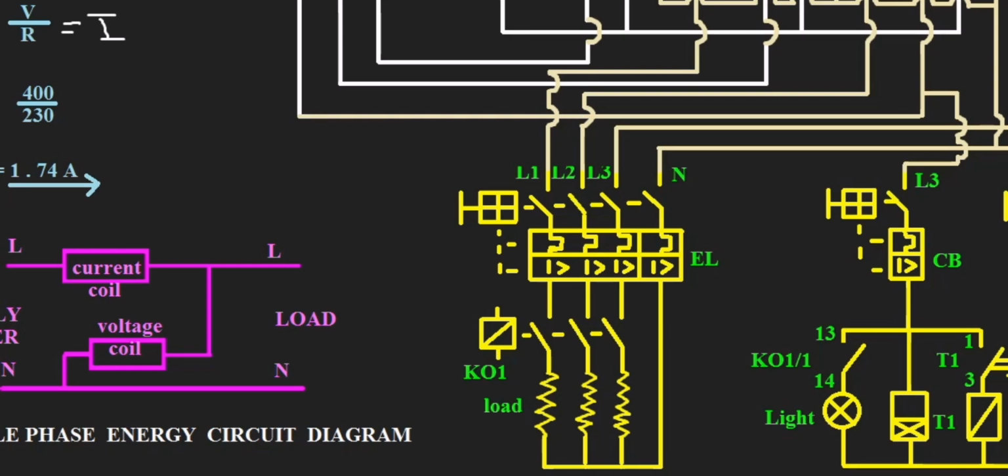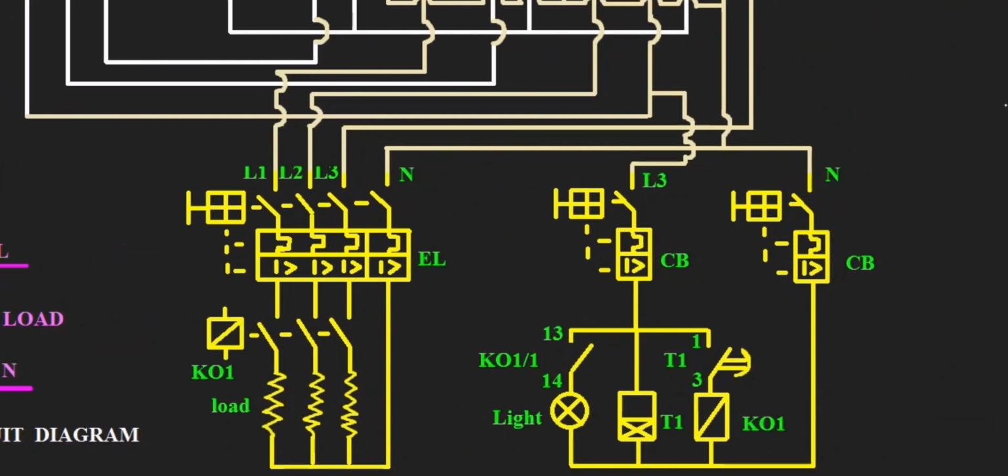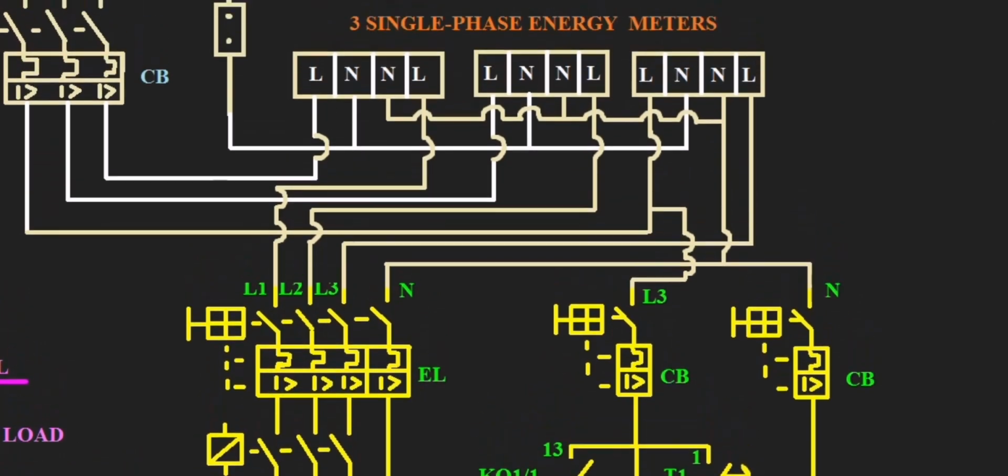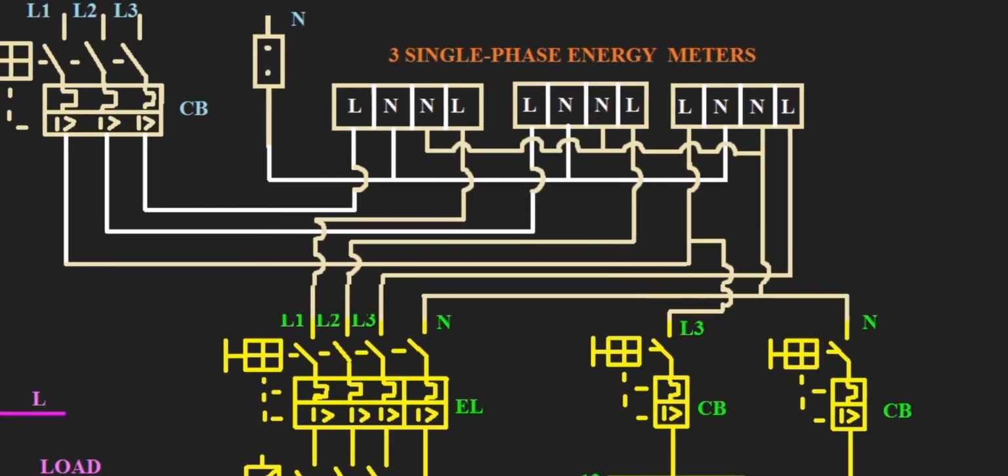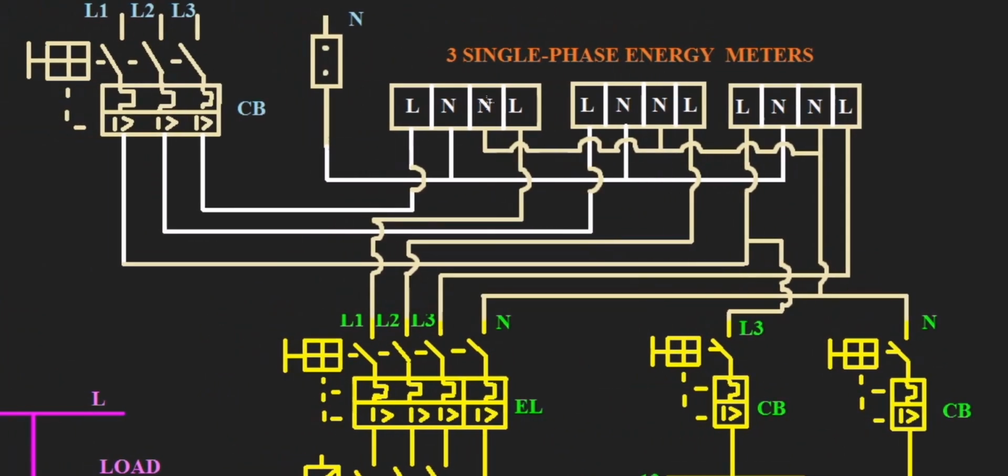When you're going to wire and draw this one, it's like this. This is a three-phase energy meter. So you have your main circuit breaker supply, your neutral link, the energy meter.